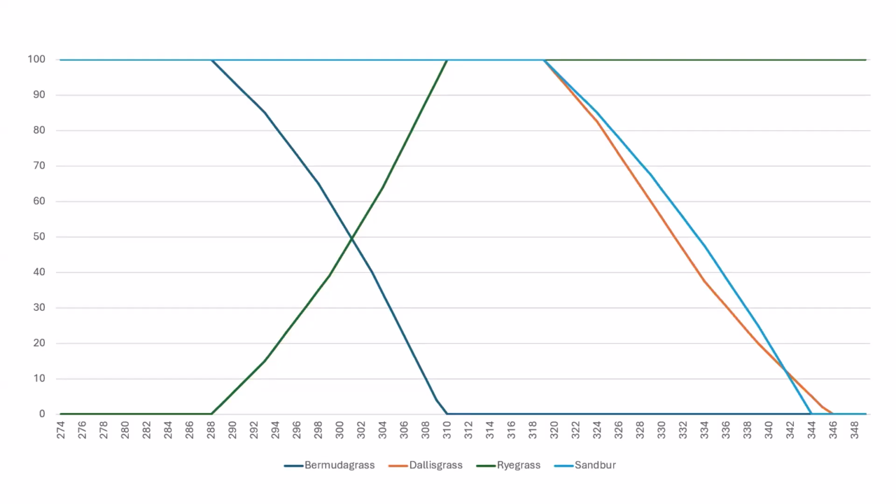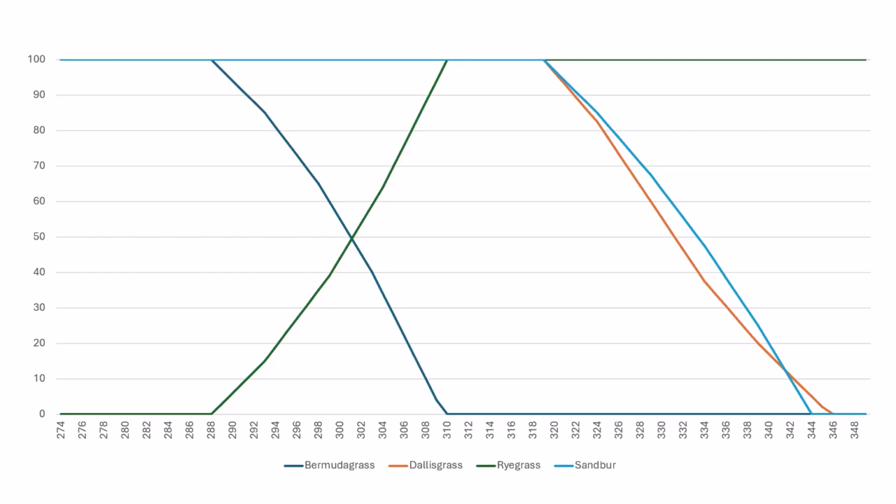And then we see another couple lines as we go to the right. I've got a warm season perennial there, Dallas grass. Again, if you're just grazing, it's a pasture, you may be fine with Dallas grass. In a high quality hay scenario, I may not want that species in there, but in any case, it tends to go dormant a little later than Bermuda grass. So you can see here, 2 or 3 weeks in this case difference.